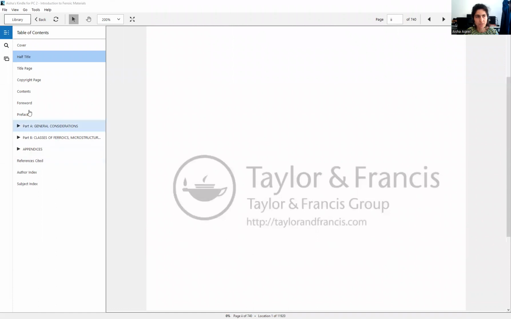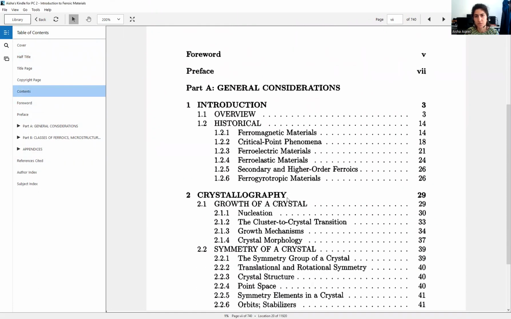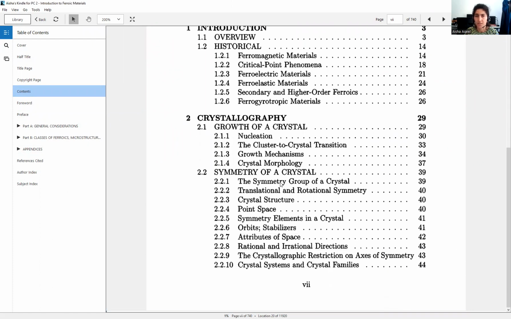If we look at the content briefly, it covers critical phenomena, ferroelectrics; symmetry and tensors are also covered here, but not as detailed as Nye.